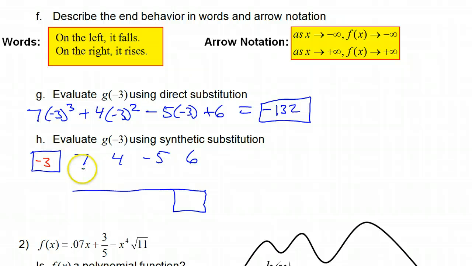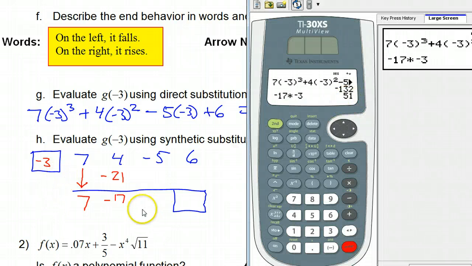So here comes the procedure. The first coefficient, you just drop it down. Now you multiply and you combine. So 7 times negative 3 is negative 21. 4 and negative 21 make negative 17. Negative 17 times negative 3, that's positive 51.